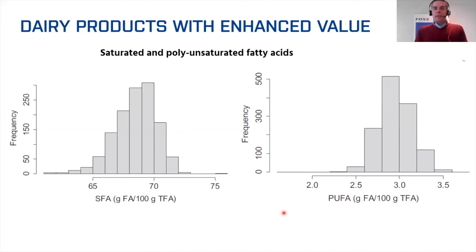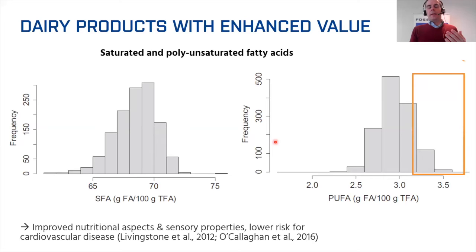So in terms of the enhanced nutritional value, if we just take some real-life data and look at the distribution of saturated and polyunsaturated fatty acids, we will find that we have quite a distribution actually. And given that our bodies cannot produce unsaturated fatty acids themselves, we are dependent on getting them through our nutrition.